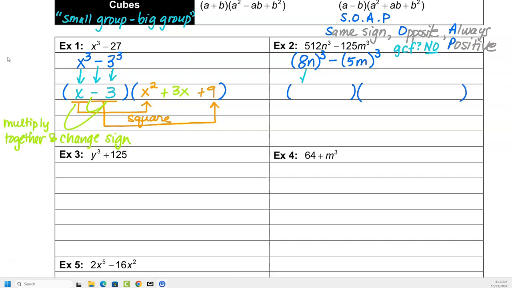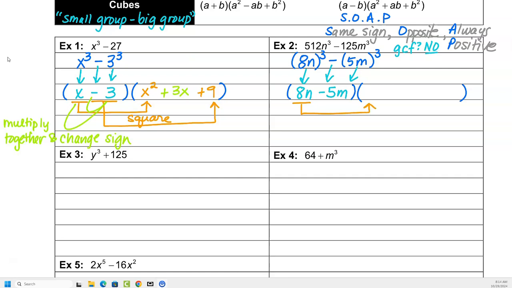And remember the small group, you write exactly what you have above, you just leave off the cube. So it'll be 8n minus 5m. Are we okay with that? And then I'm going to take the first term here. I'm going to square it, put it there.